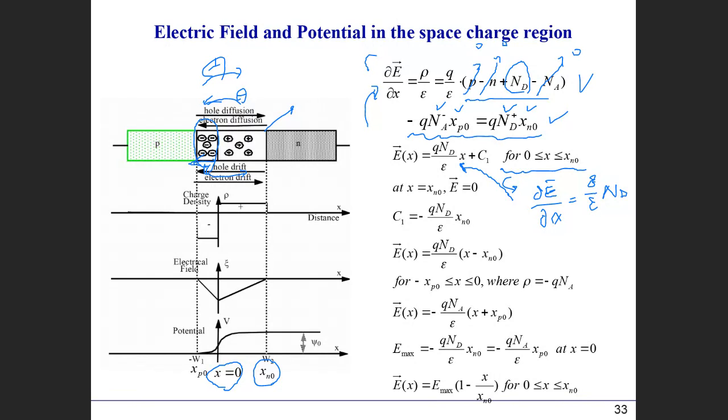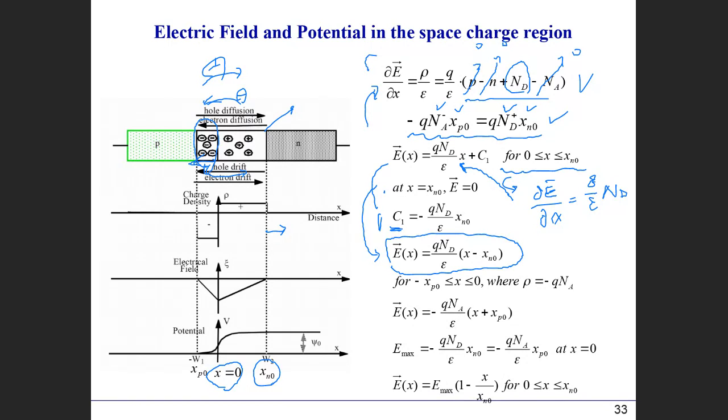C1 represents the coefficient to satisfy the boundary condition. The boundary condition here, we can assume, is that outside this depletion region the electric field is 0. From that boundary condition you can obtain this coefficient C1. So combining these two, we now get the electric field with this equation.